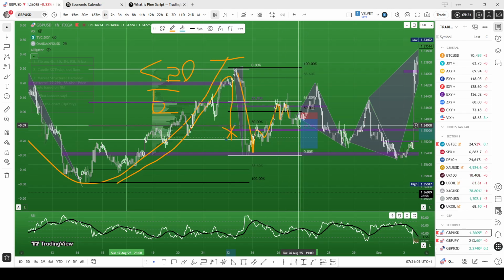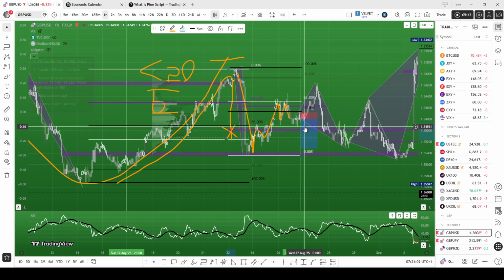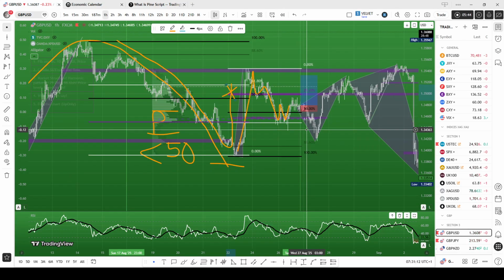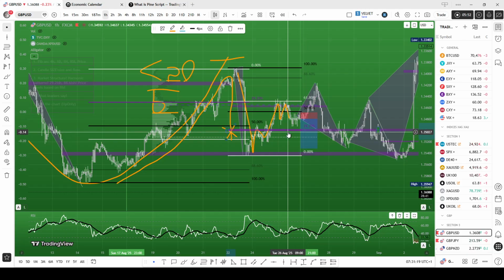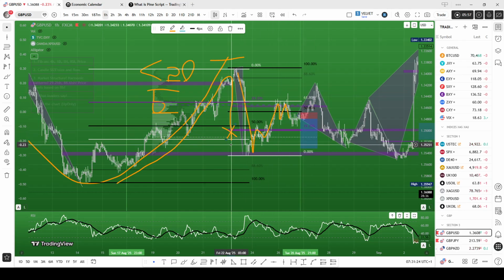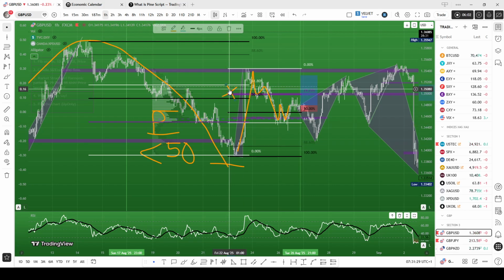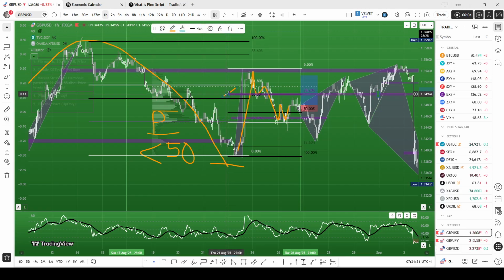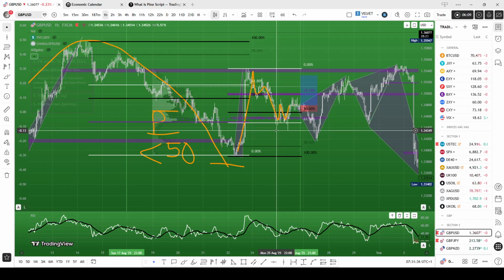and simply shorting it from there wasn't a bad idea actually, given the distortion, but instead the price pushed higher. So when the fibs are not perfect, then we should probably be more mindful.